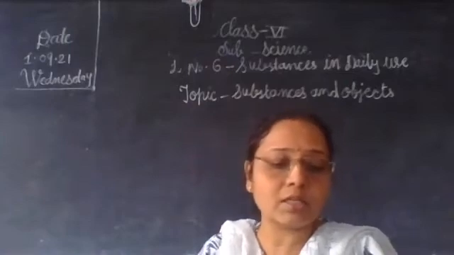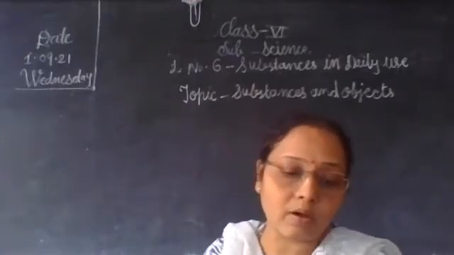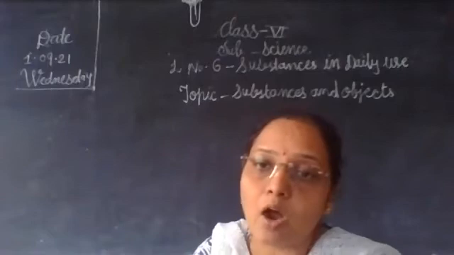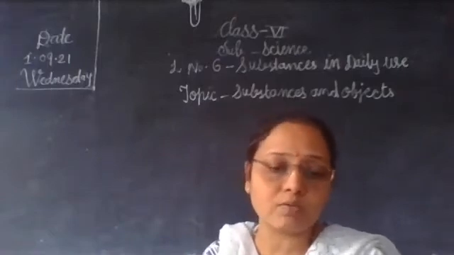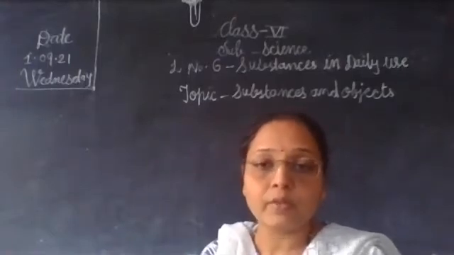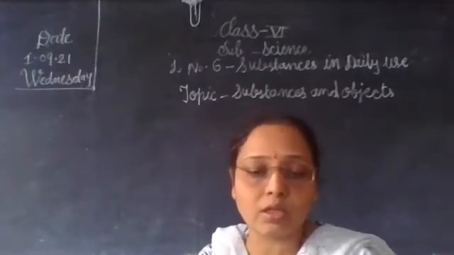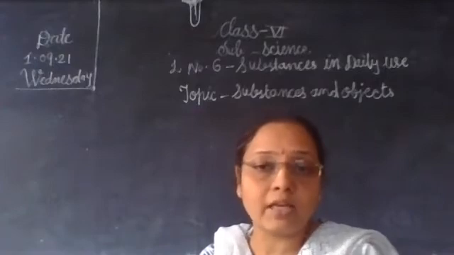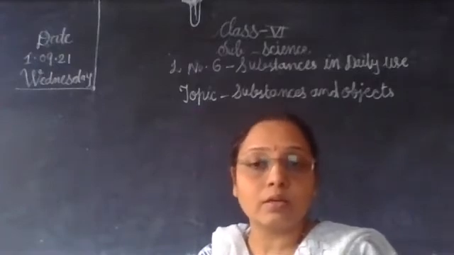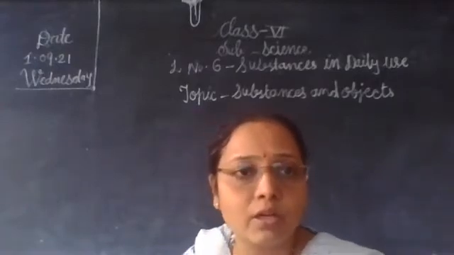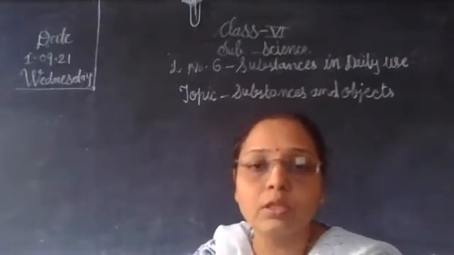Now in this lesson, we have to learn about substances and objects. Various substances we use in our daily life. The different things we use, suppose a sofa, a dining table: we use a wooden sofa, a wooden dining table.